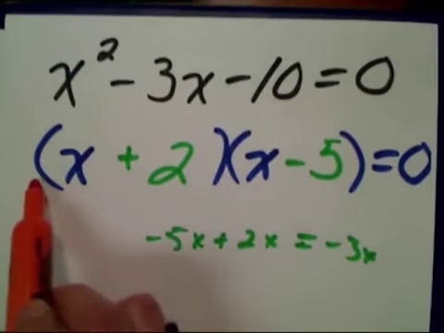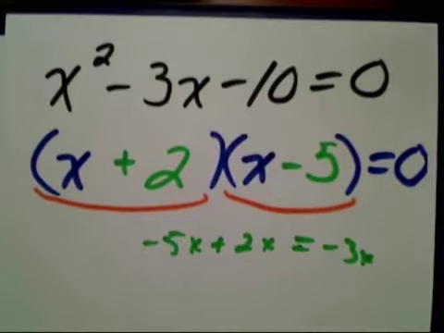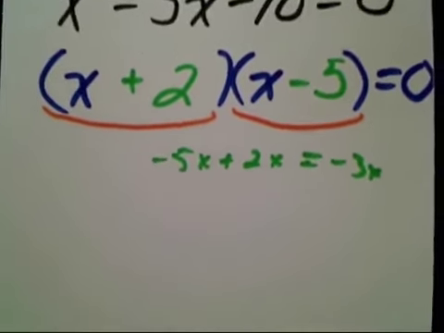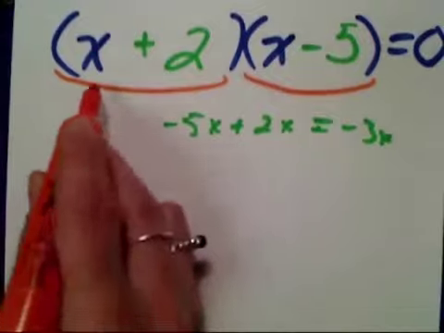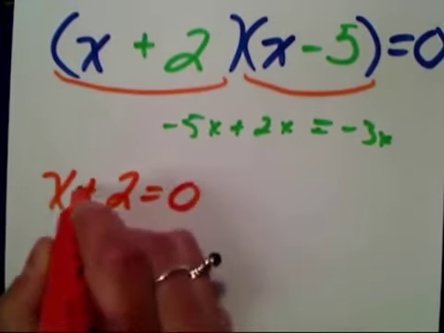Now I have one factor times another factor is equal to 0. That's my zero product property. So now we can do what we did in the last examples. Set the factors separately equal to 0 and solve.